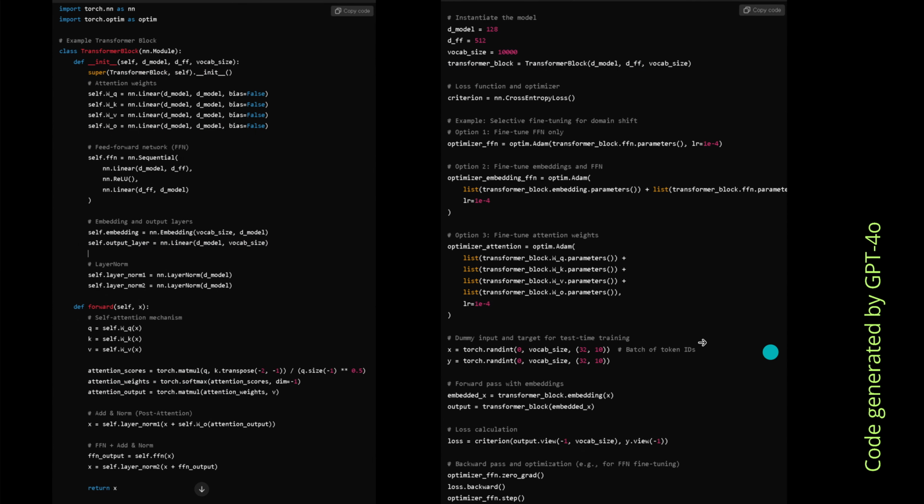Great. Yeah, how does this code look like? Just ask GPT-4 Omni to come up with this complete code. You see here our transformer block, forward, self-attention mechanism, norm, great, initiate the model, loss function, optimizer, and then we go here with the option to fine-tune the feed-forward network only, or we go with the option to fine-tune the embeddings and the feed-forward, or option 3, we fine-tune finally the attention weights.